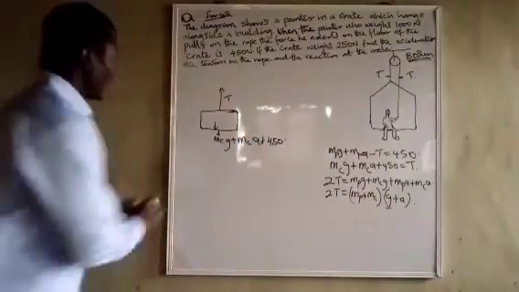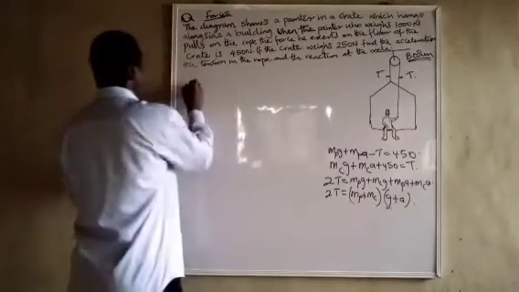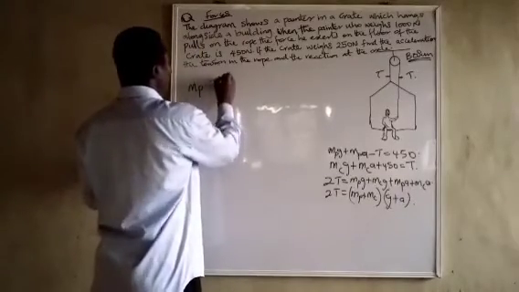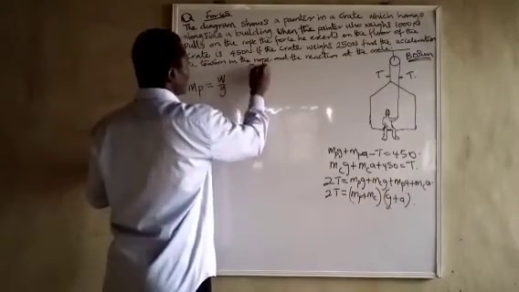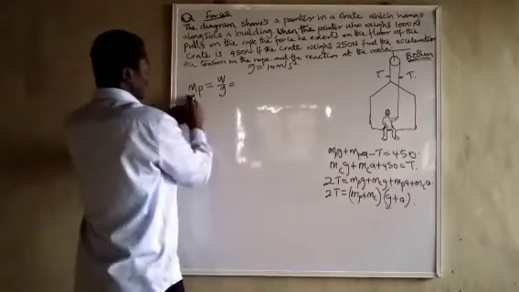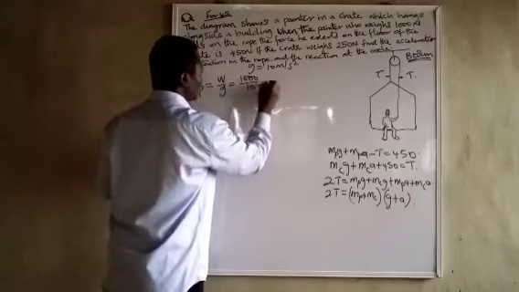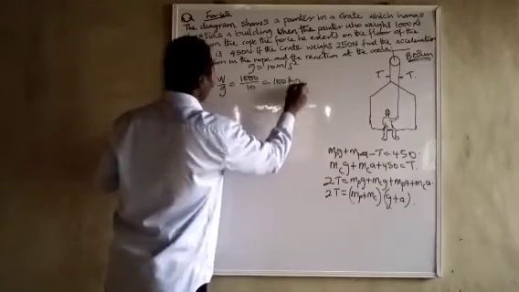Now, let's clarify everything. So MP is equal to W by G, where G is equal to 10 meters per second squared. This subscript P is for the painter. So we have 1000 over 10, which is 100 kg.